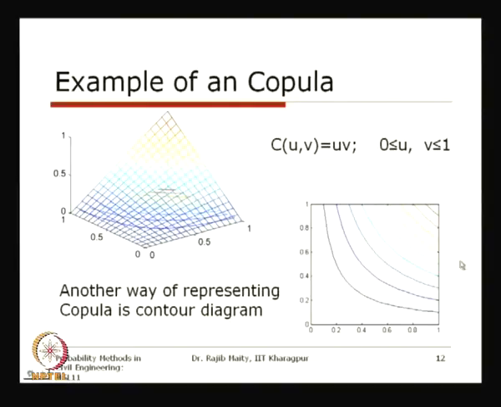The color bar is not mentioned here, but you see that the blue one is 0 and the red one is 1, so it gradually increases. Obviously, the values of the contours should be mentioned here to properly represent the height above the ground of this surface.